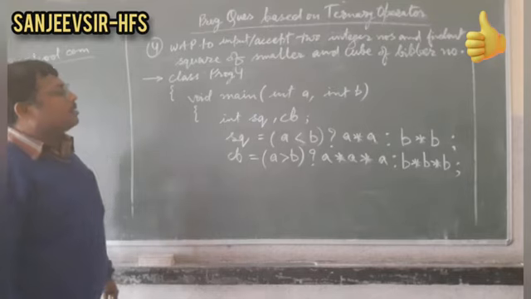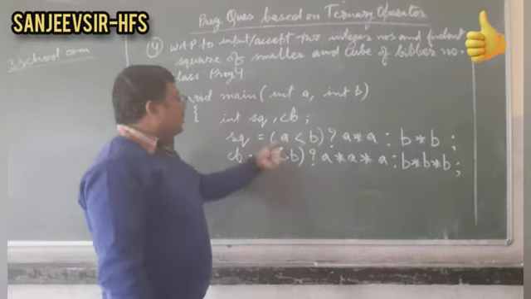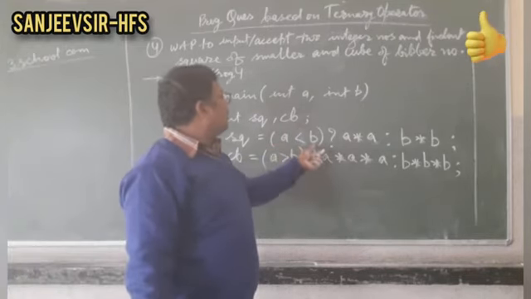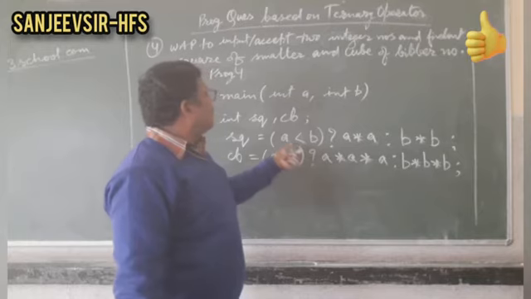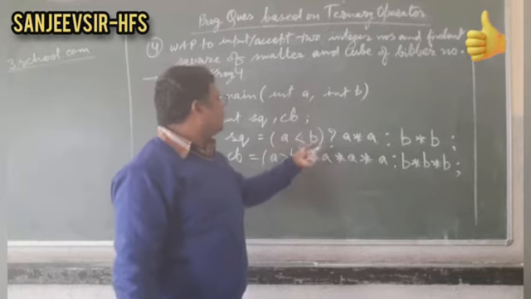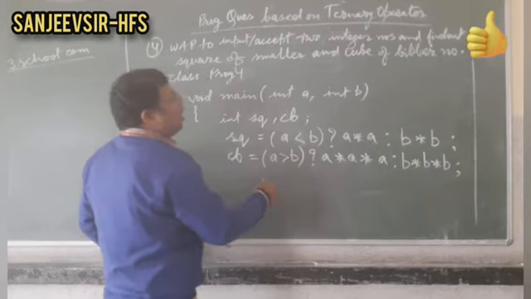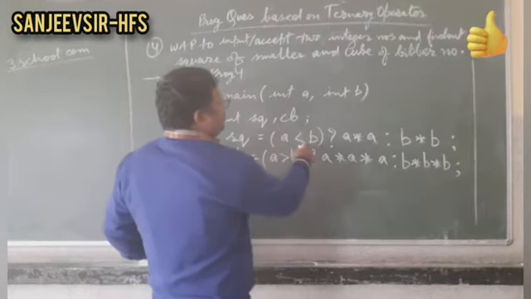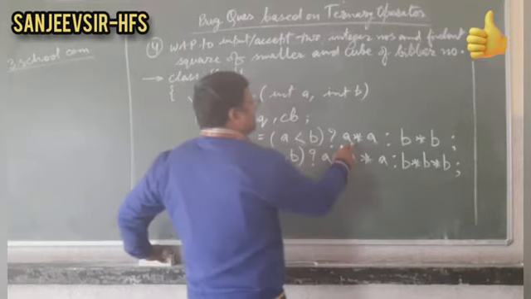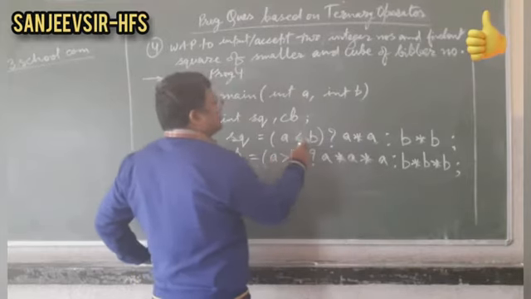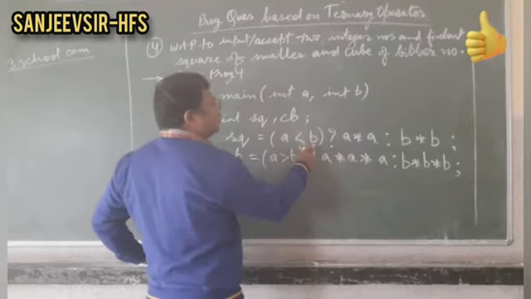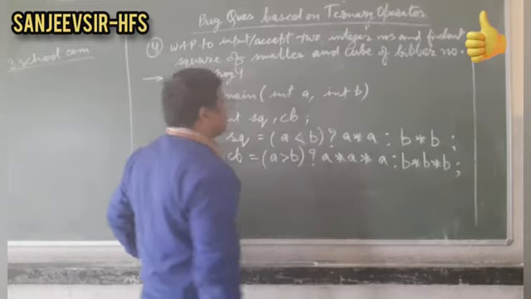Understand one thing: if a is less than b, condition true, that means a is smaller. If a is less than b, condition false, then b is smaller. So you will find out like this.